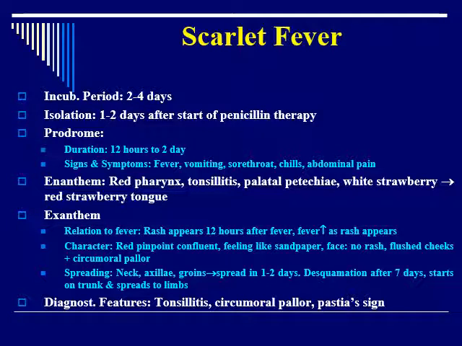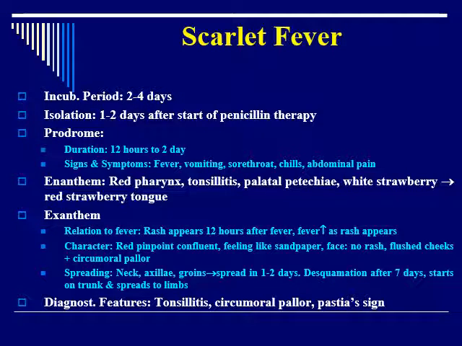The rash causes redness of the face except an area around the mouth called circumoral pallor. The skin is rough, punctate, like goose skin or sandpaper-like. This is about the exanthem.